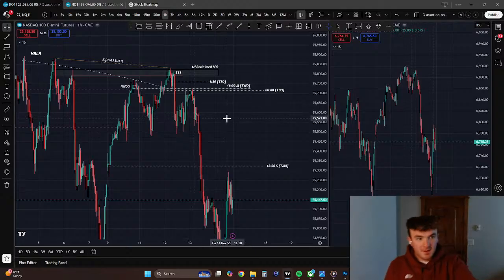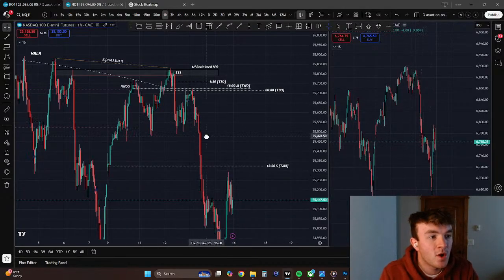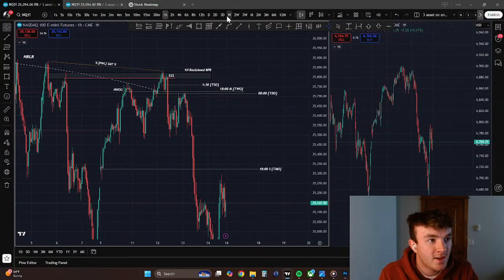So, once again, right? Use true opens to identify where the manipulation occurred.